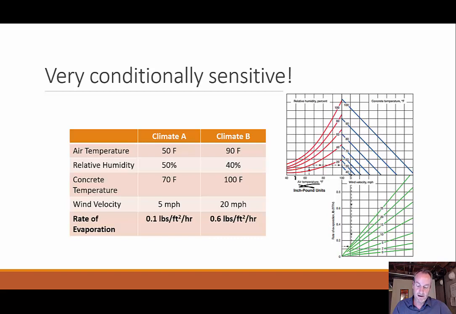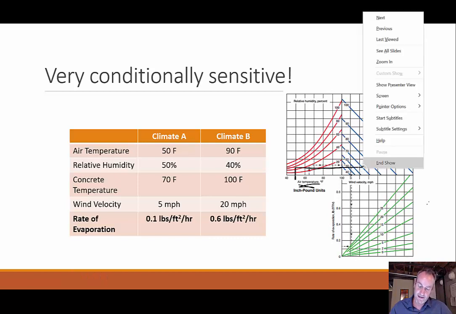Then I follow the graph up until I reach the relative humidity of 50, which is probably right about there. Then I move over to the right until I hit the concrete temperature, which is in blue. My concrete temperature is 70, so I keep going over until I hit that 70 right here. And then I go down.